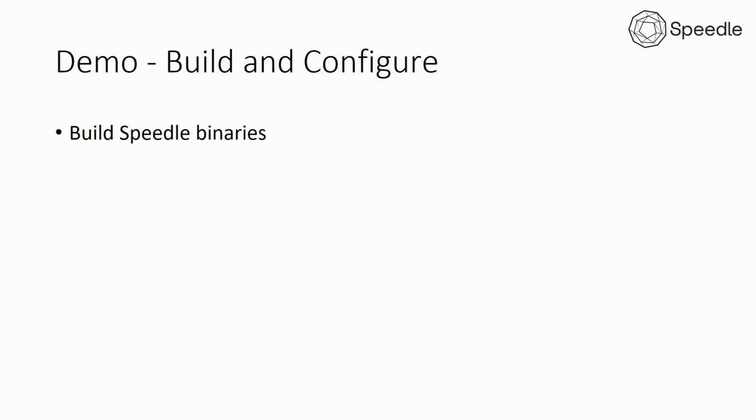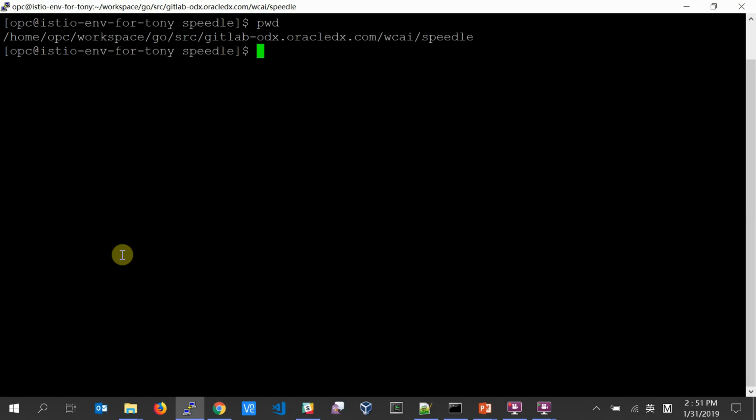At first, let's build Speedle binaries. The Speedle source code has already been cloned into this folder, and the sample can be found at this place.